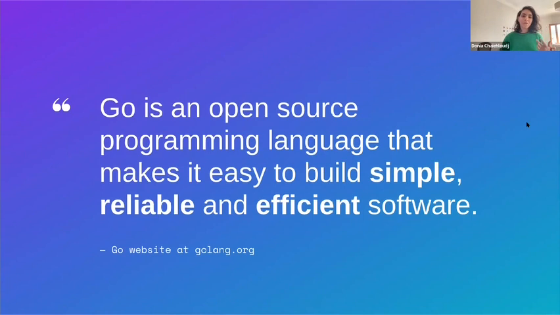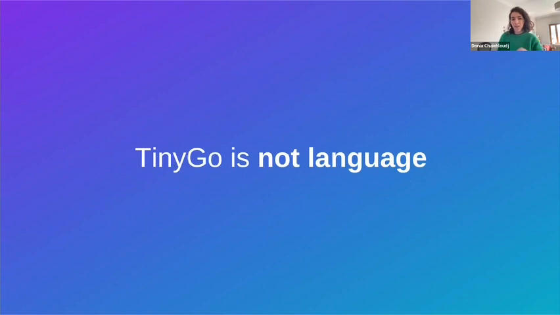What is Go? First, Go is a programming language, for the ones that didn't know, and it makes it easy to build simple, readable, and efficient software. So what is TinyGo compared to Go? Or what is not TinyGo? TinyGo is not a language.